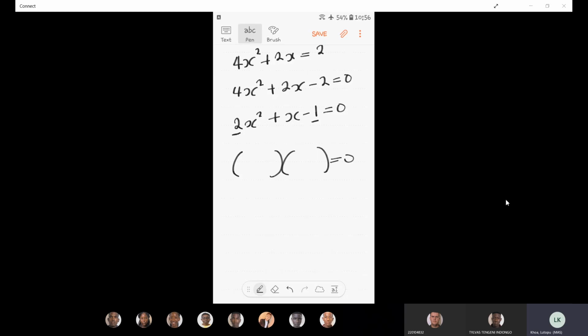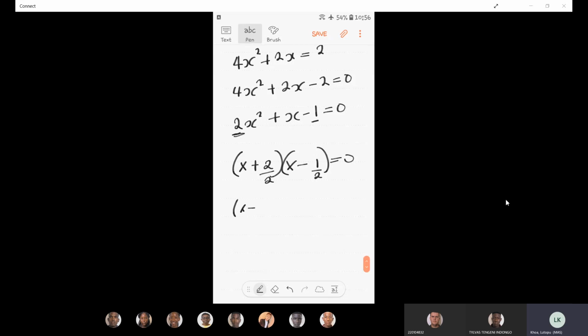So I have my variable, then I put numbers positive 2 and negative 1, then I divide by the coefficient over there, so this is over 2. Then simplify as far as possible.